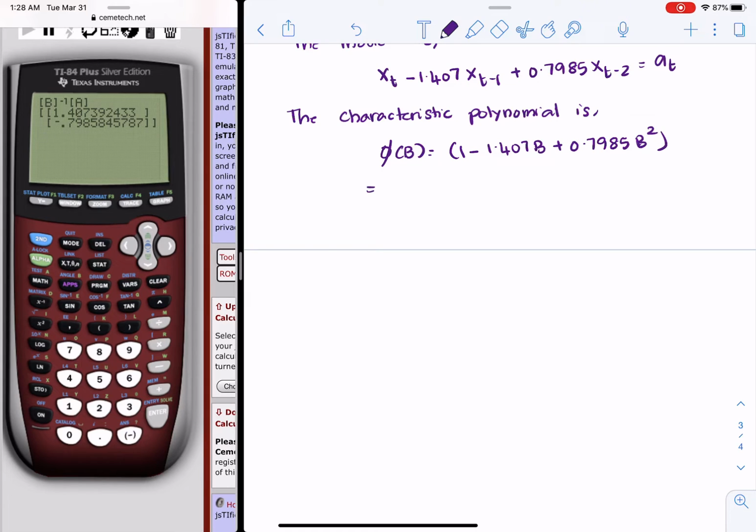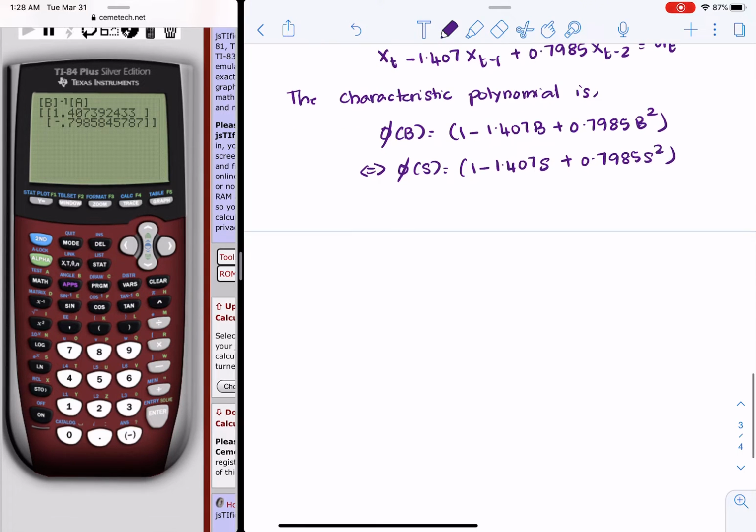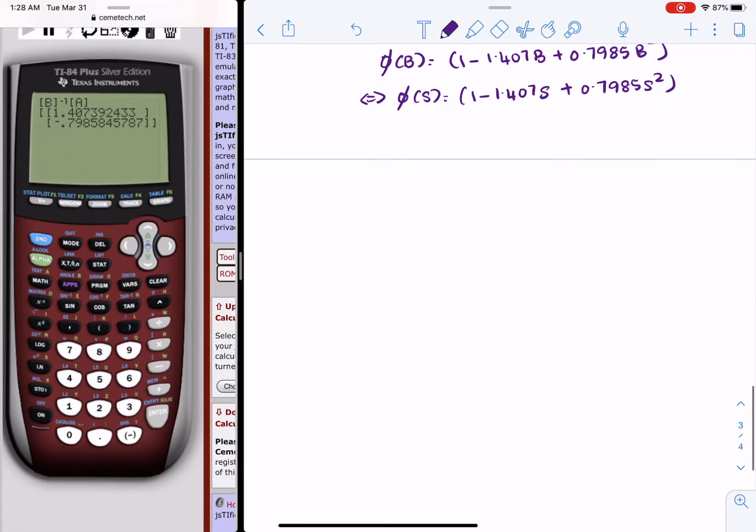I could also write this as phi of s equal to 1 minus 1.407s plus 0.7985 s squared, just to keep things simple, even though it is not necessary to go from b to s.